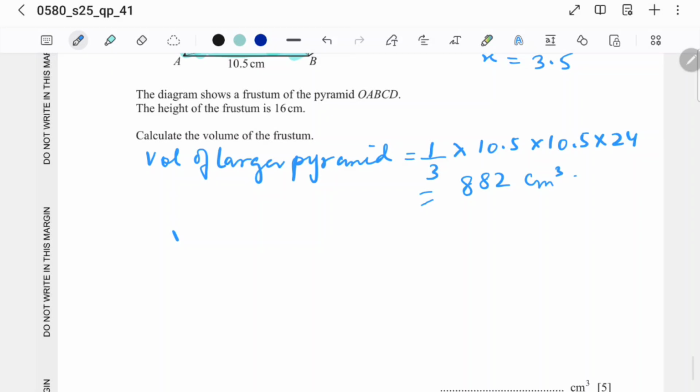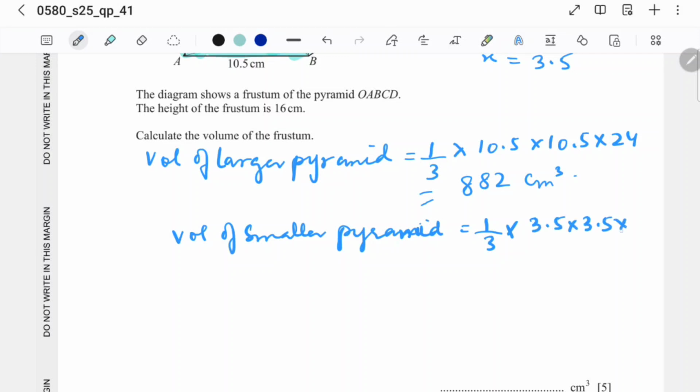So the volume of the smaller pyramid is 1 upon 3 times the base area, which we have already counted, 3.5 times 3.5, and the height is 8, and that equals 32.67.